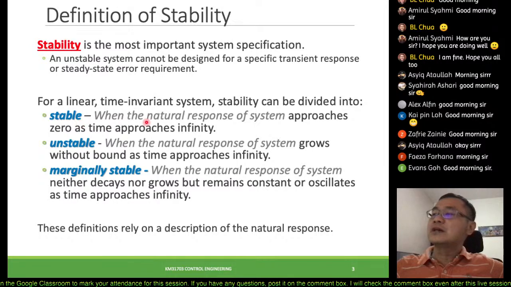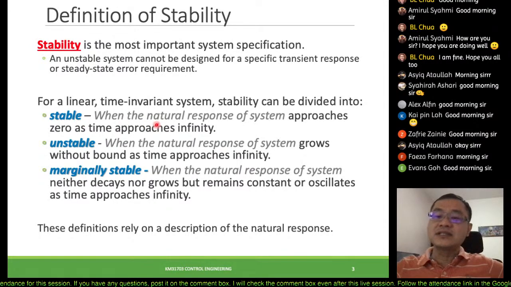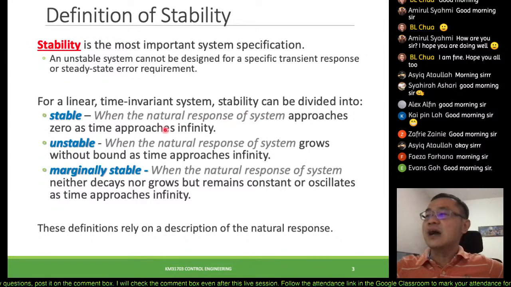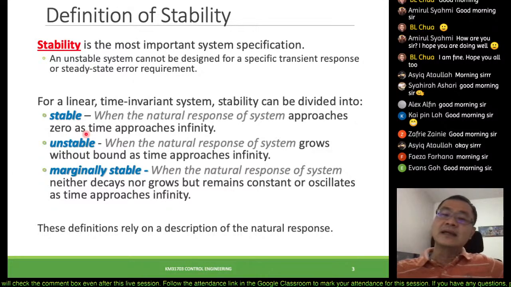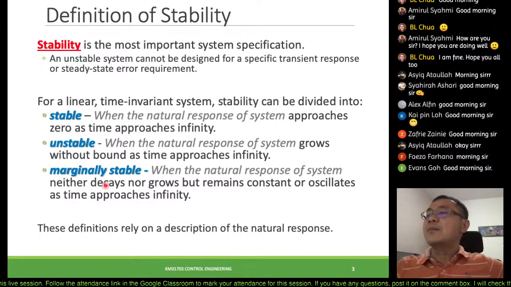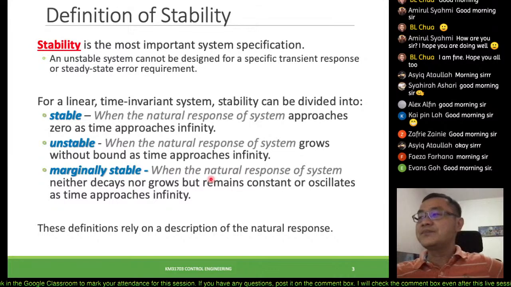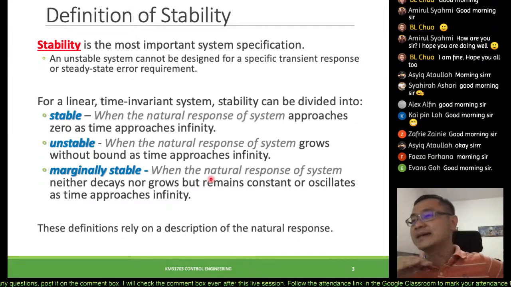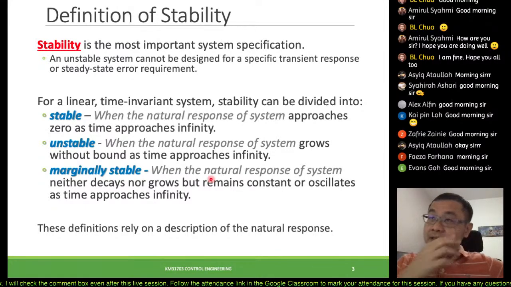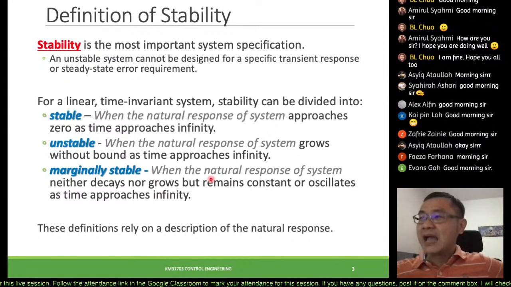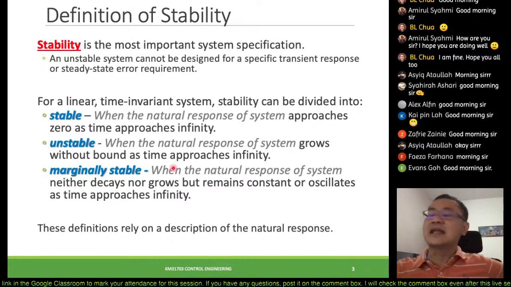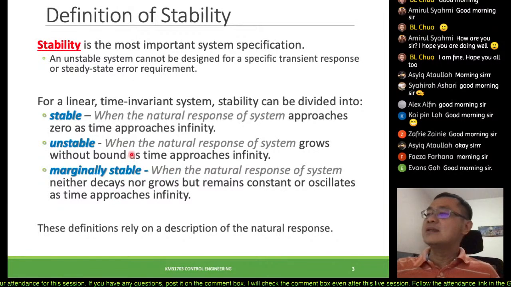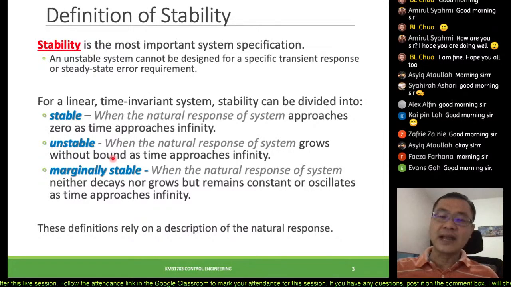Stable refers to when the natural response of the system approaches a zero line, or a steady state line, as time approaches infinity. For marginally stable, the natural response of our system neither decays nor grows; it will remain oscillating about a value. That's why the undamped type of response gives us marginal stability. When the natural response of the system grows without bound as time grows, we call that an unstable system.